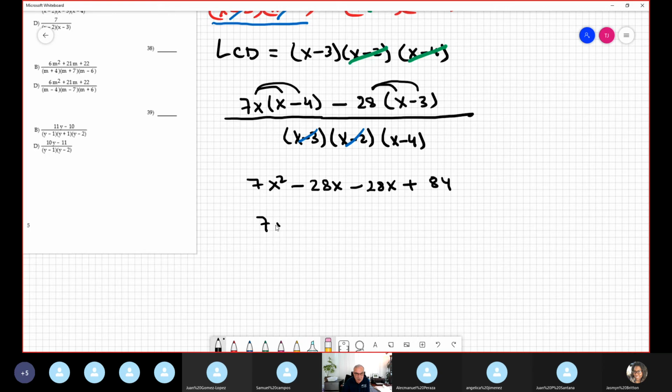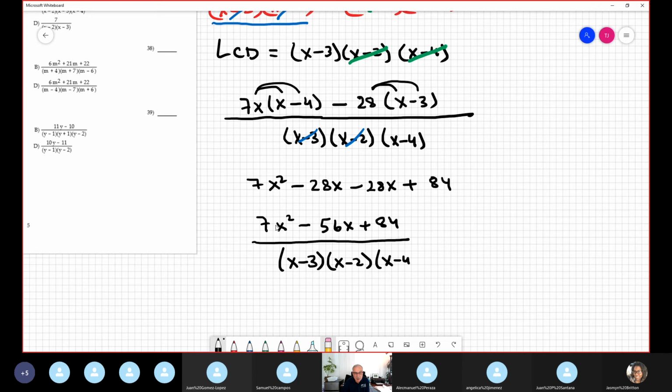so far. I manipulate the top part, that is 28 times 2, 56, plus 84, divided by x minus 3, x minus 2, and x minus 4. Can I do something?